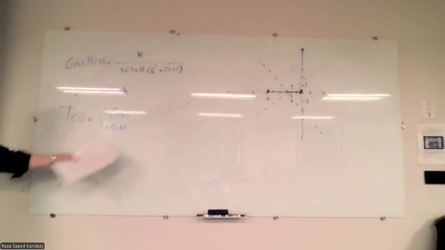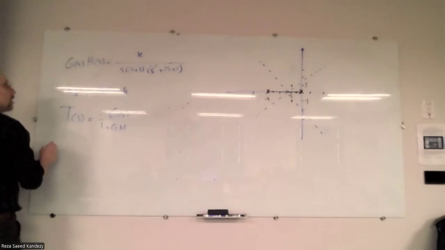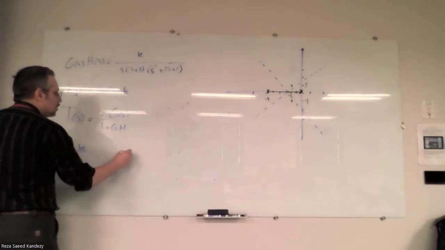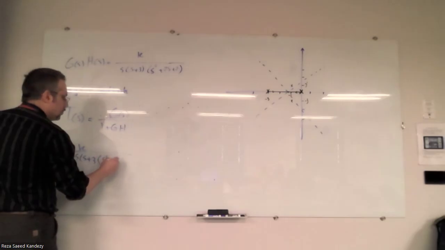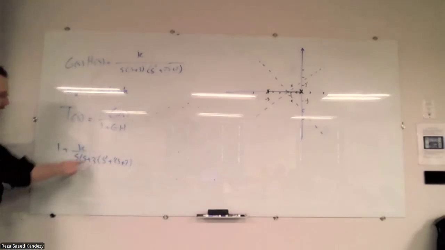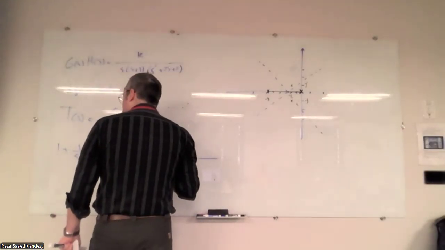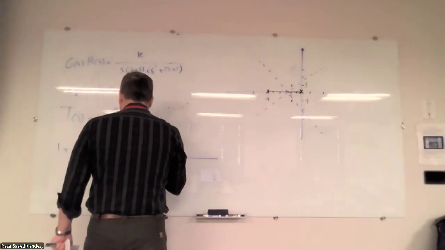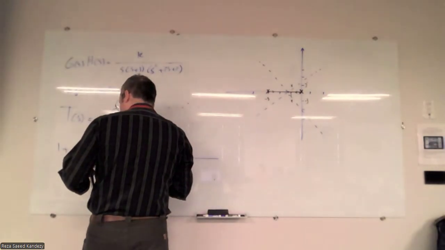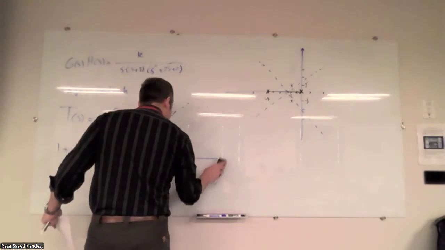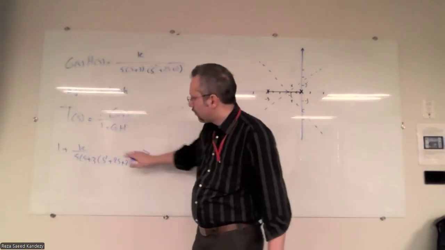So we are going to focus on the denominator. With GH, the denominator is going to be 1 plus k divided by s plus 3 and s squared plus 2s plus 2.